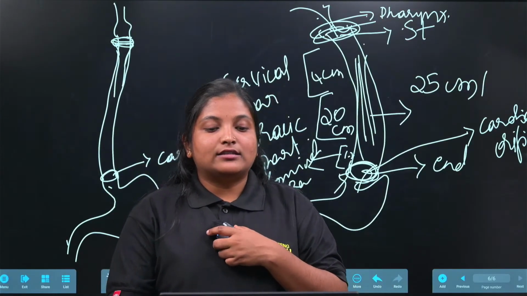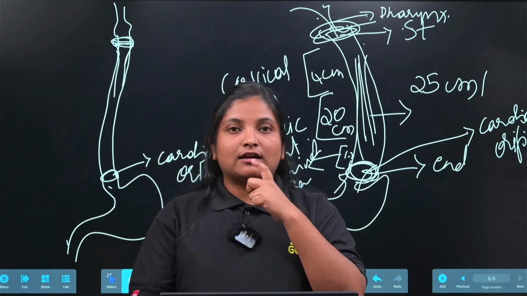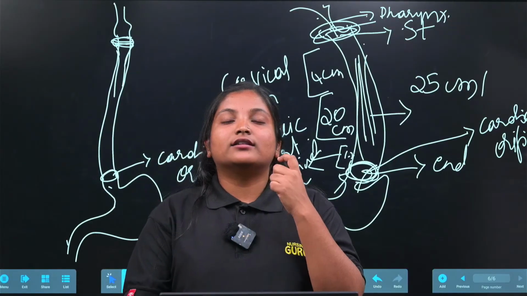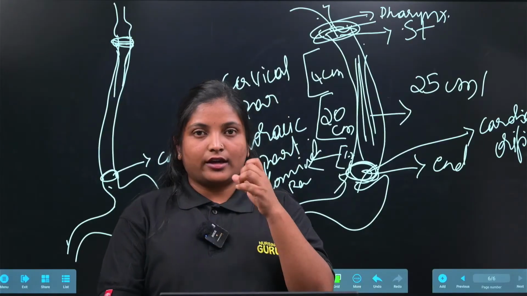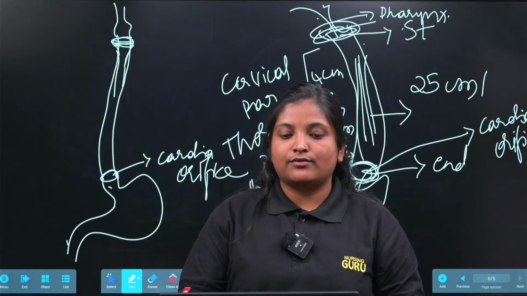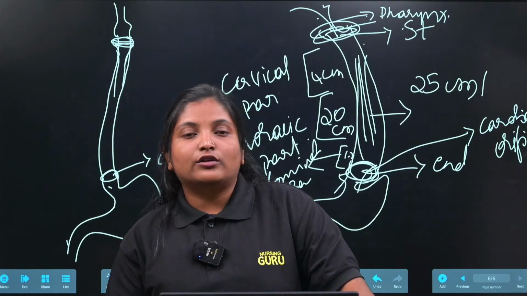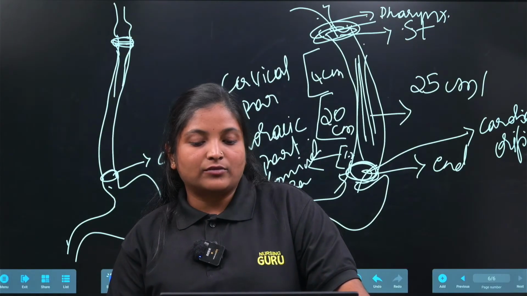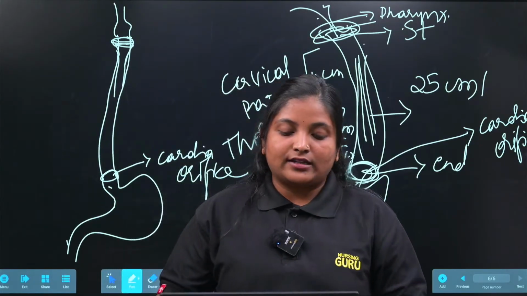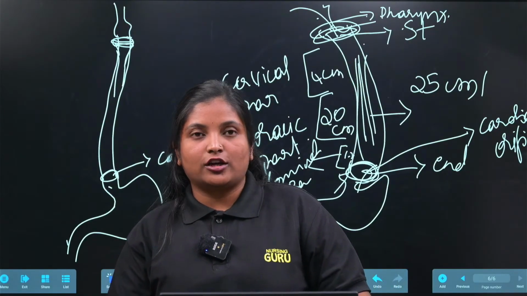The distance of each constriction is measured from the upper incisor teeth. So we calculate the distance of each constriction. The first constriction is at the pharyngoesophageal junction.